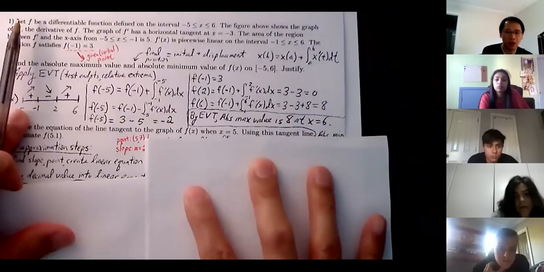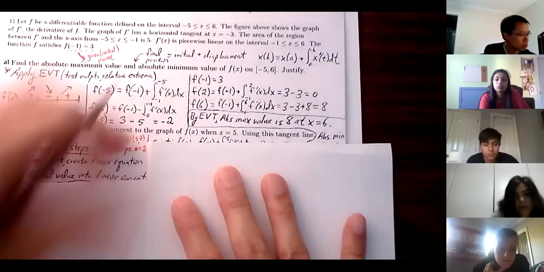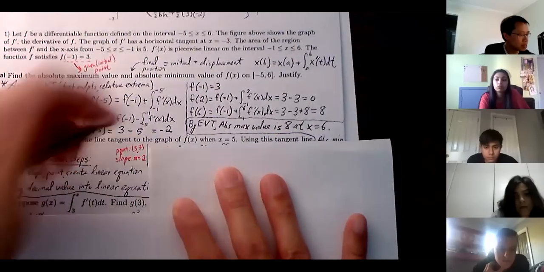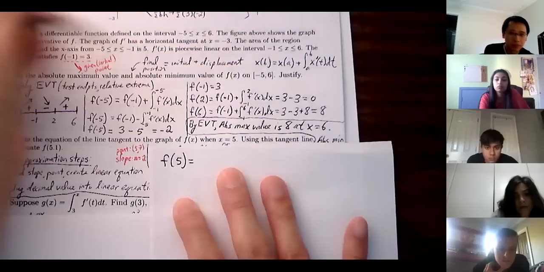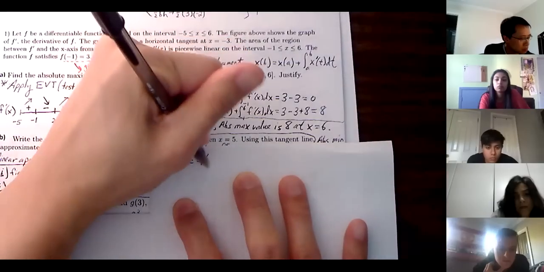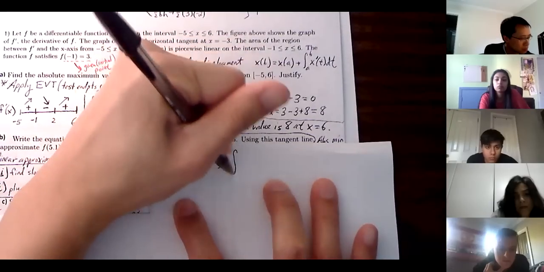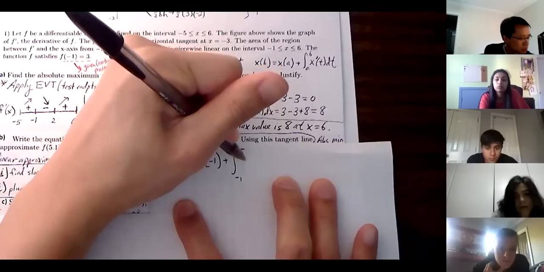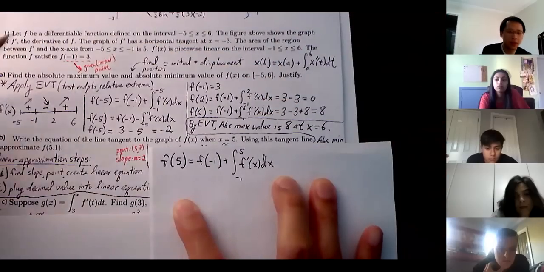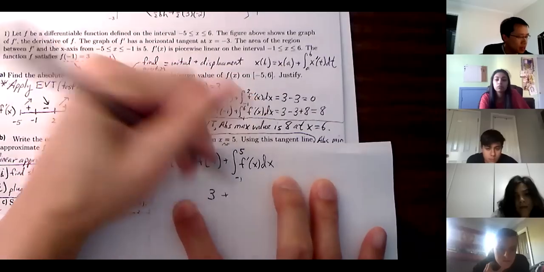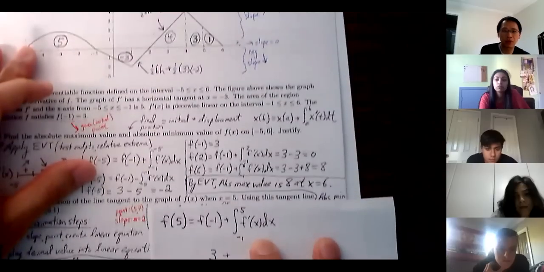So we can do that process here. So f of -1, that's equal to 3. And then we need to total the region from -1 to 5.